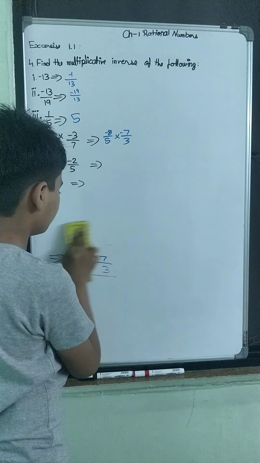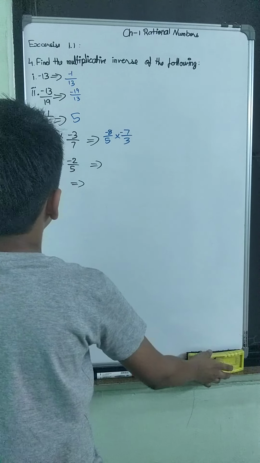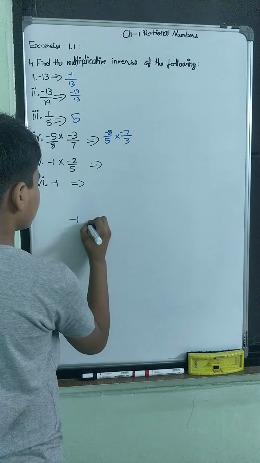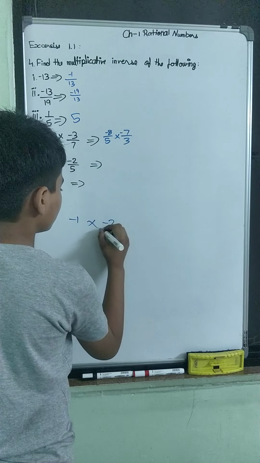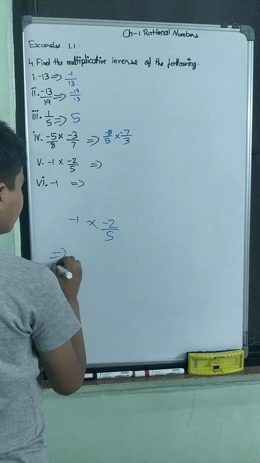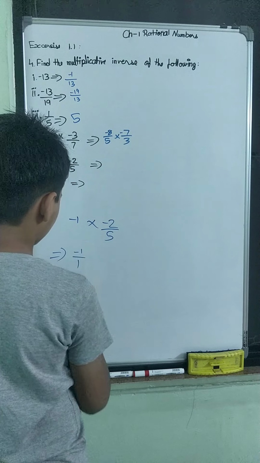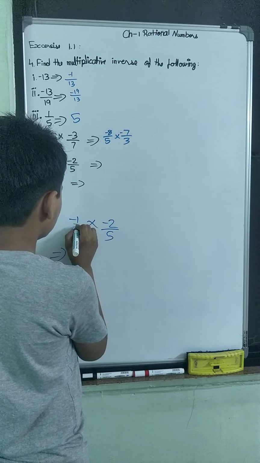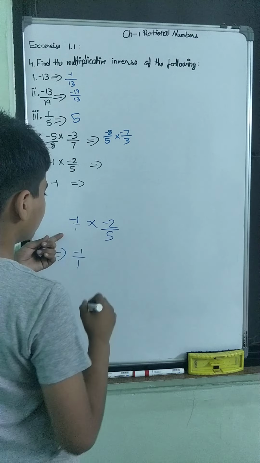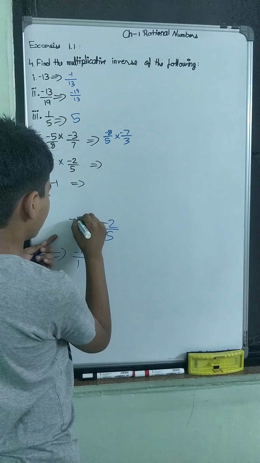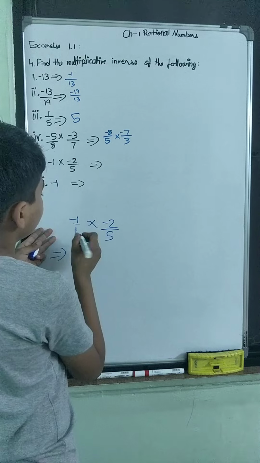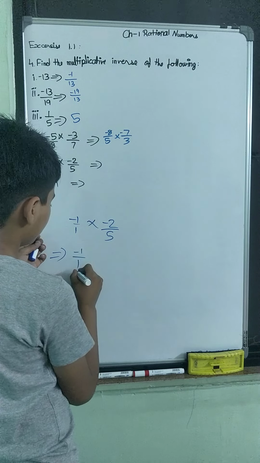Okay, now moving on to the next question. The next question is minus 1 multiplied by minus 2 by 5. So again, minus 1 will result in minus 1 by 1. Why? Because minus 1 is equal to minus 1 by 1, and when we change the positions of the numbers, we get minus 1 by 1.